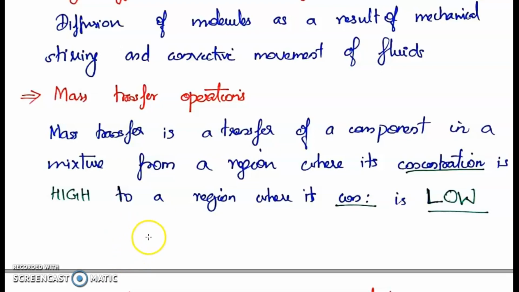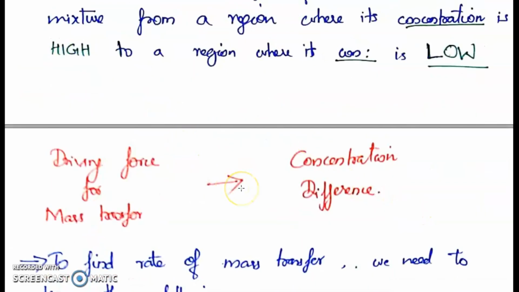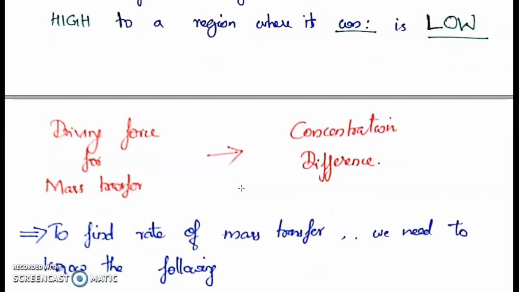The concentration of ammonia was high inside the bubble, and the molecules of ammonia were moving into the liquid where its concentration is low. So the transfer is occurring from a region where the component concentration is high to a region where its concentration is low. So let us identify the driving force for mass transfer.